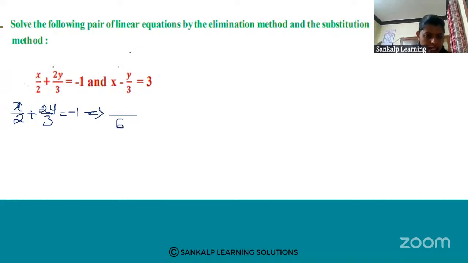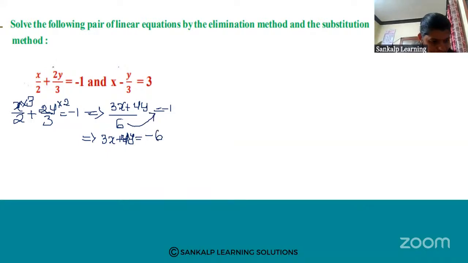So I need to multiply by 3 and by 2: 3x plus 4y is equal to minus 1 times 6. If you transfer 6 to this side, it is equal to minus 6. Now this is equation number 1.